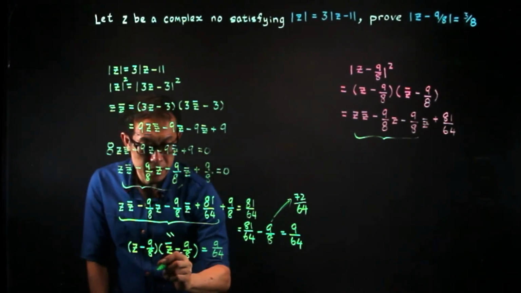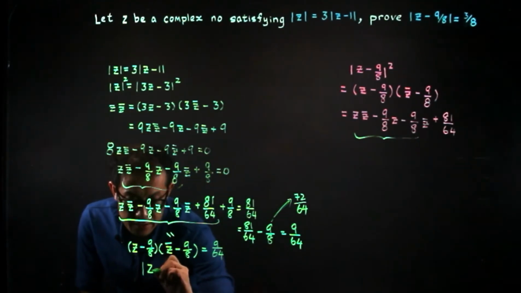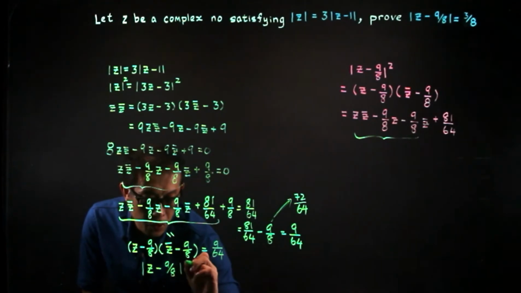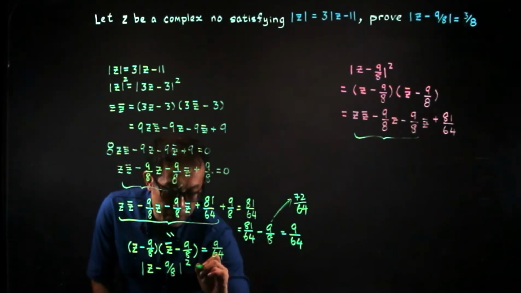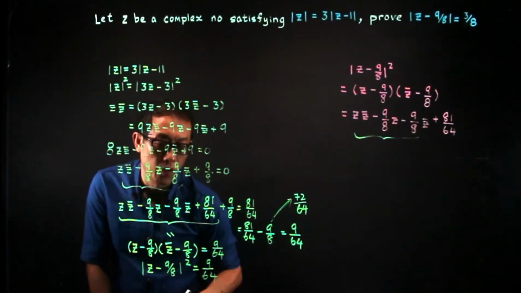Now this can be rewritten as modulus of Z minus 9 over 8, whole thing squared, equals to 9 over 64.